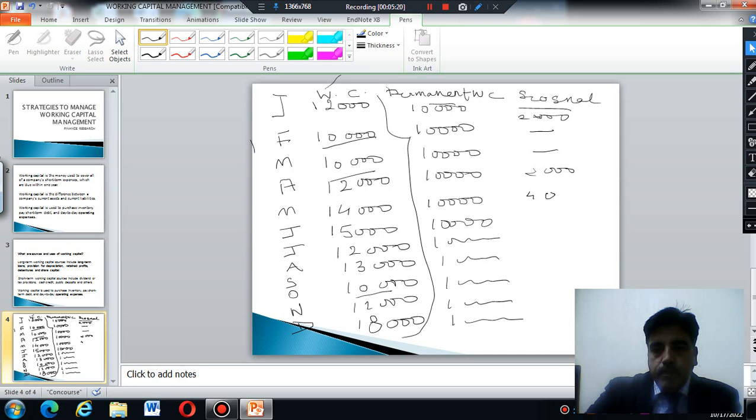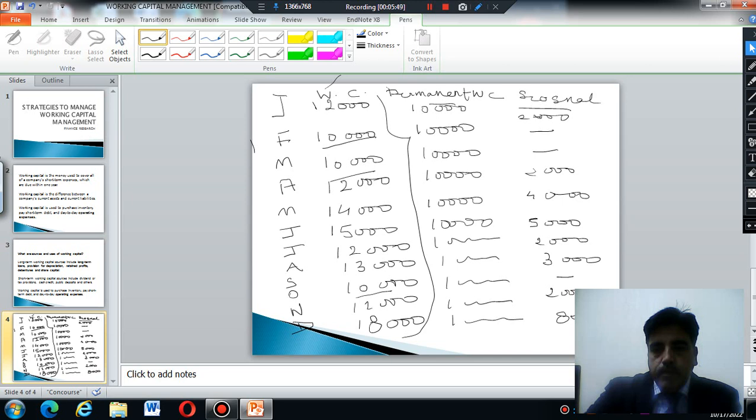In the month of May, 4000 additional working capital will be required. Here 5000 will be required, here 2000, here 3000, here no requirement at all, here again 2000, and here 8000 will be required.